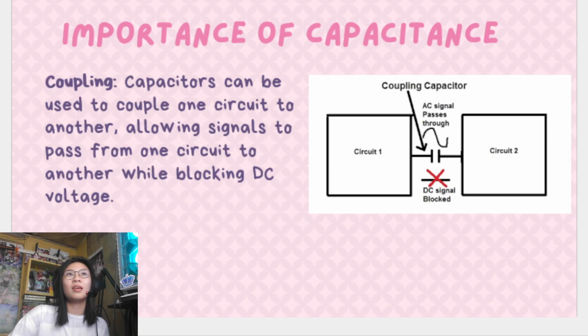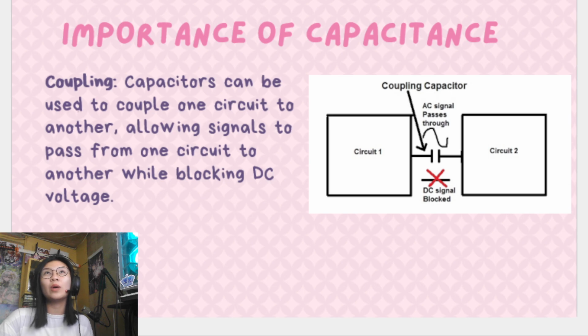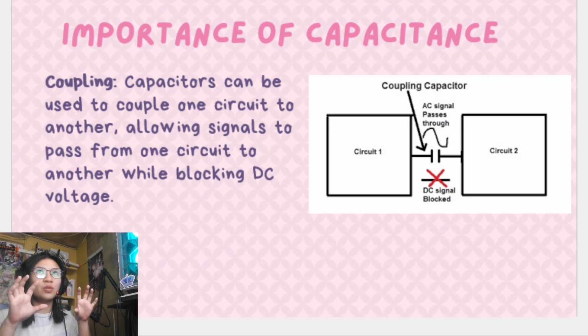Coupling is ginakouple nato ang duha ka separate na circuit by that capacitor. Okay, so naay circuit 1, naay circuit 2, tapos imuha siyang idugtong or i-connect with one another. That is what we call coupling. Gikouple nimo ang duha ka buok na circuit with a capacitor.